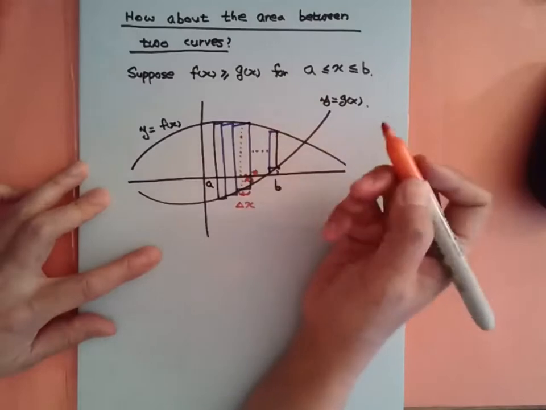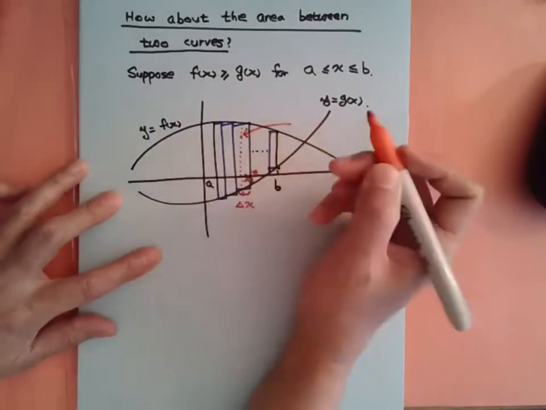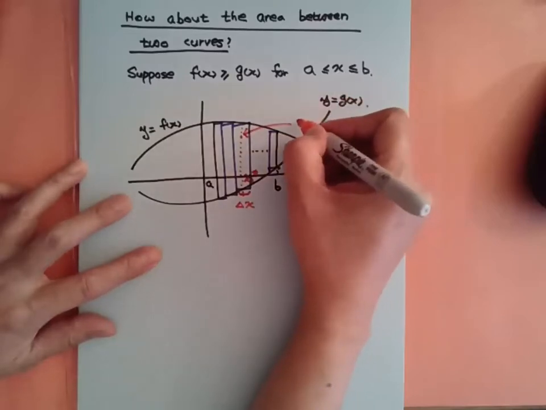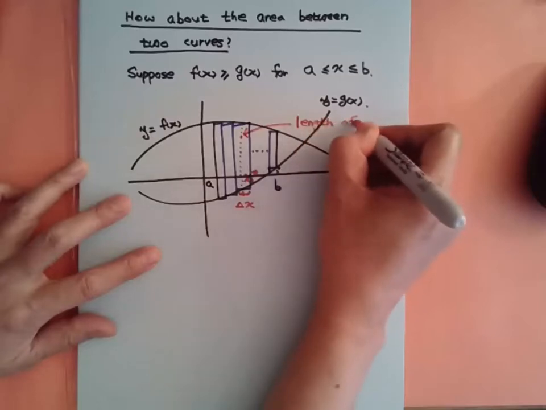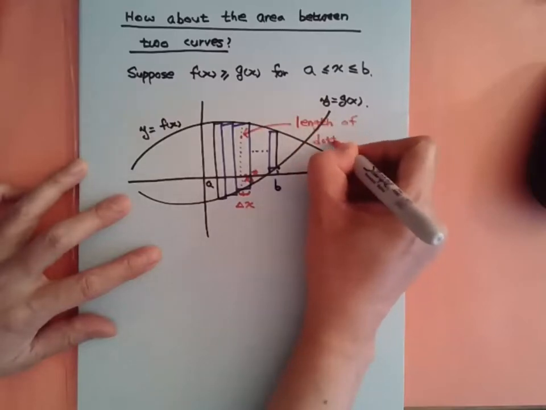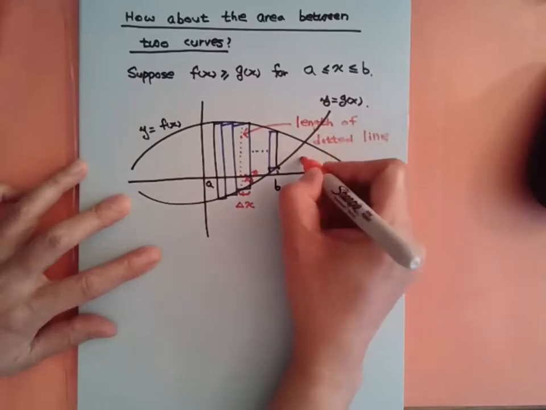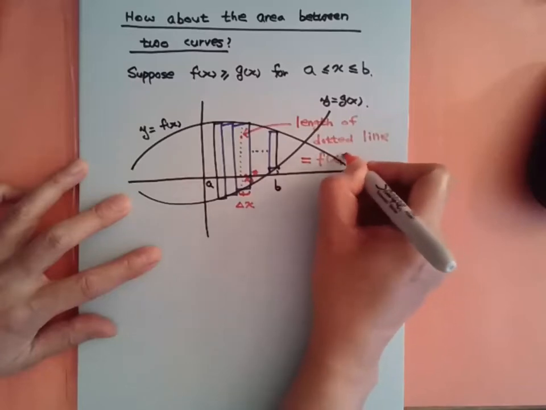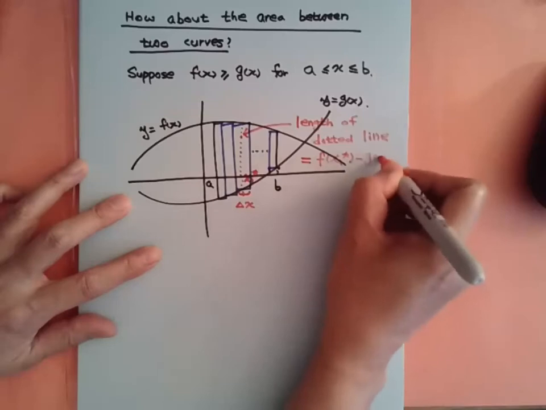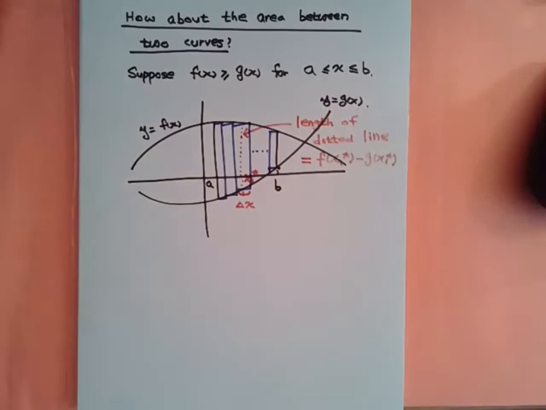Then the length of the dotted line can be calculated by the differences between two functions. That can be written as f of xi star minus g of xi star, because f is bigger.